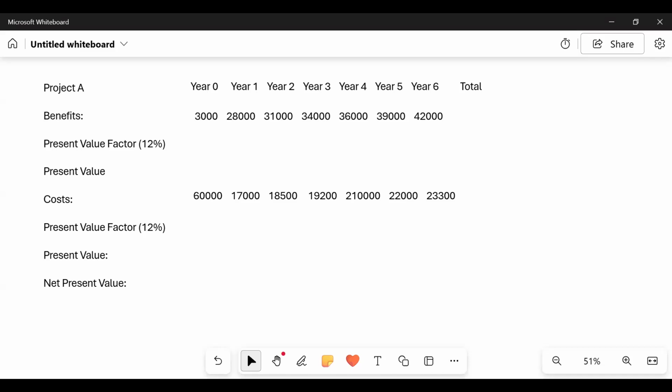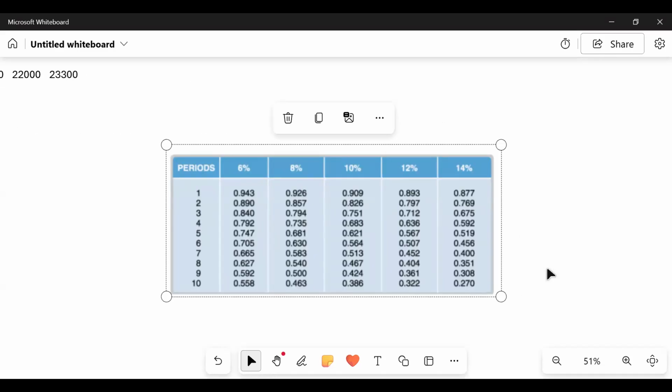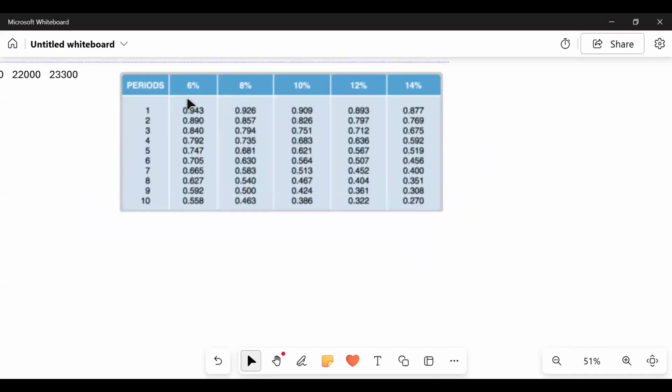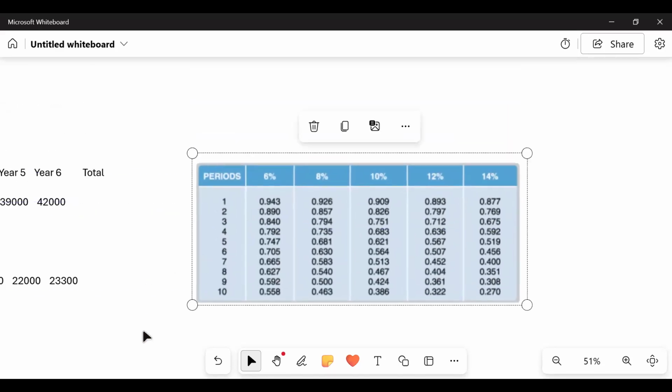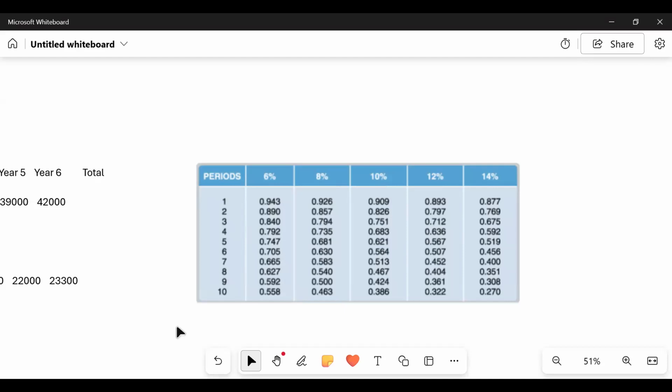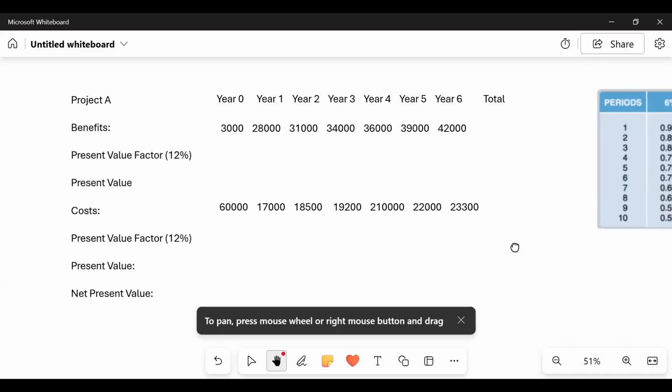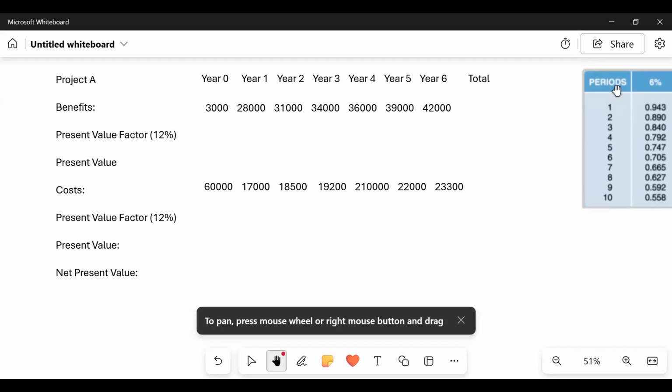Now, I want you to refer to the tables. Can you refer to the table? Look at the net present values. Fill it here. So currently I have put down this.